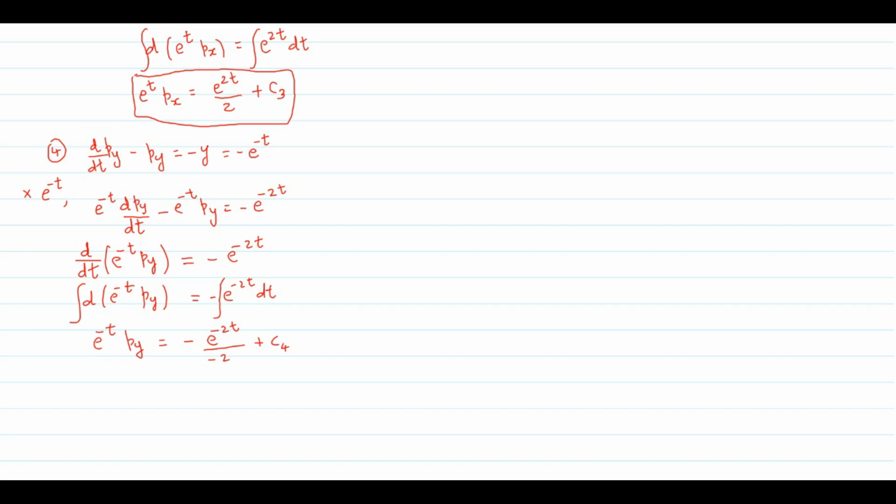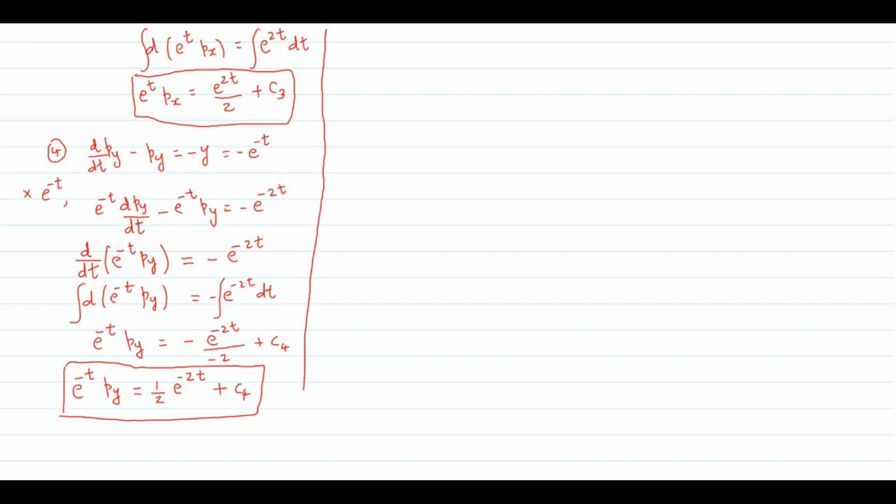So e power minus t p y can be written as minus 1 by 2 e power minus 2t plus integration constant c4. Now we have to determine the constants c3 and c4 from the initial conditions.